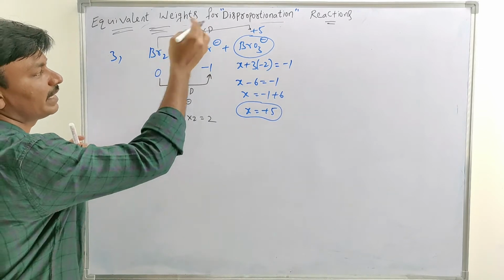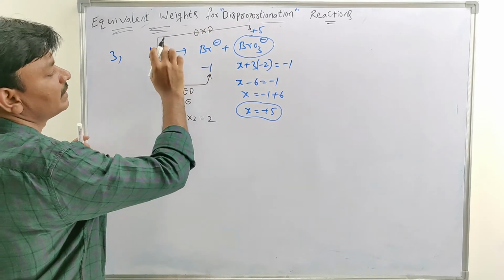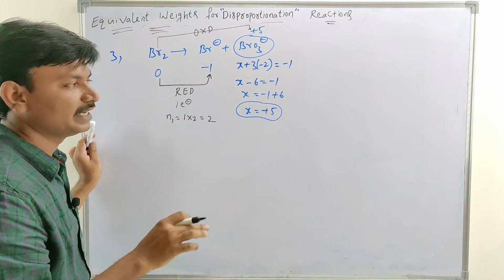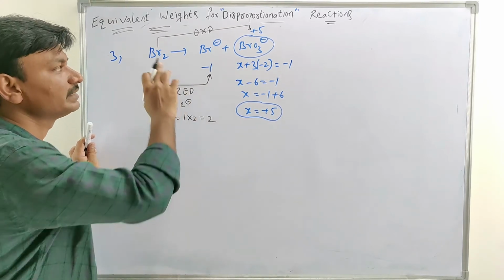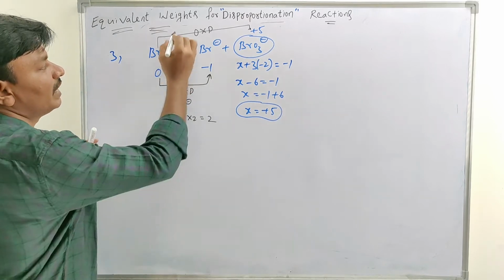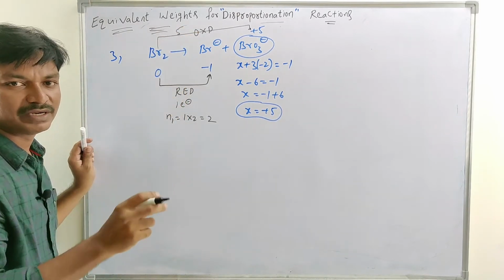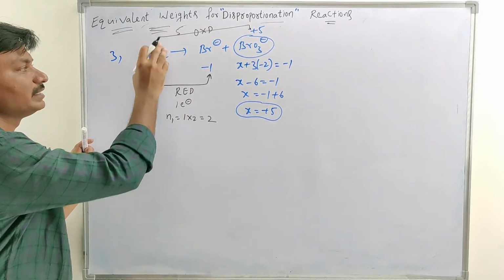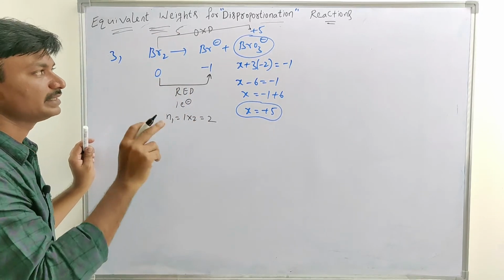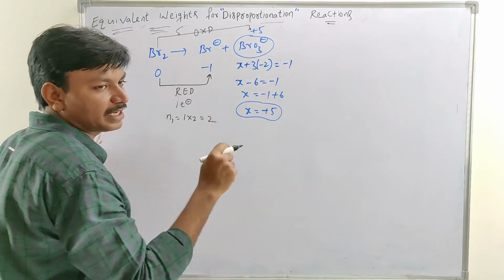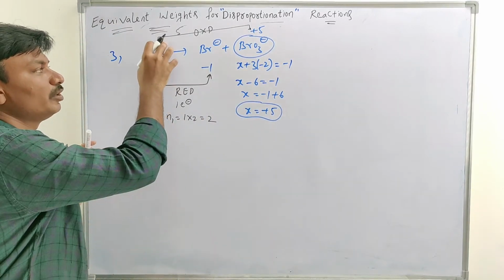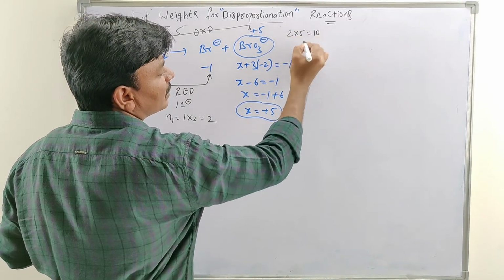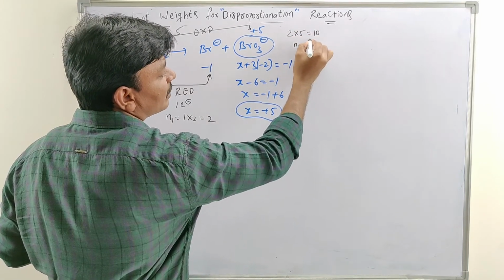In the second case, that is 0 to plus 5, 5 electrons will be released in the second conversion. That means each bromine releases 5 electrons. Here 2 bromines are present, so 2 into 5 equals 10 electrons, that is N2 equals 10 electrons.